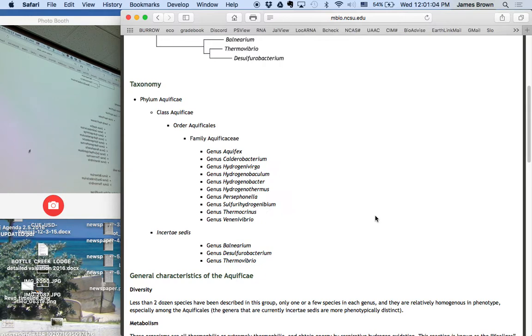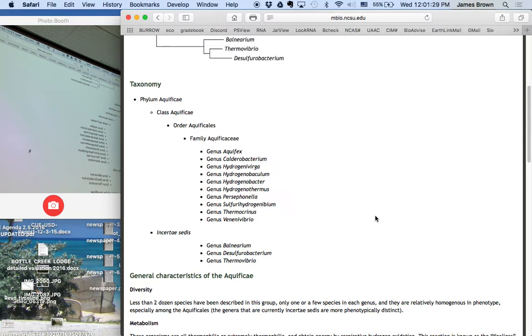The other reason I show these is because it gives you a sense of the scope of the diversity of the organisms. In the case of Aquificae, this is it. This is every genus in the file. Most of these are single species or a couple of species, and that's all.